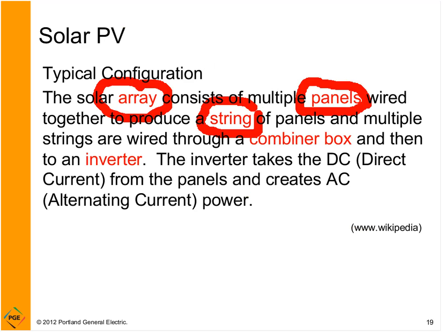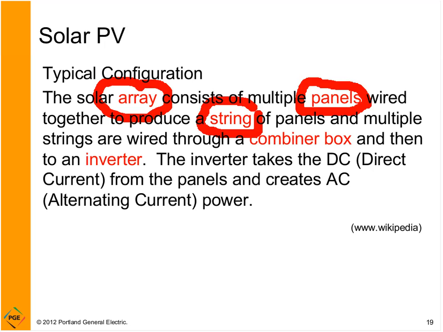So the lowest sized device that we'll talk about is a panel. A single panel typically might be, in this day, rated for 275 watts of production. Those single panels are wired up into strings, and then the strings are wired up into the array output.